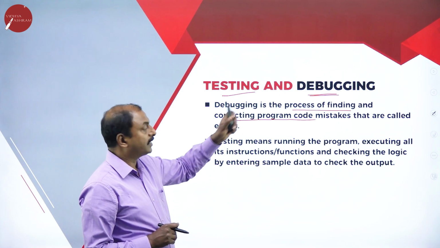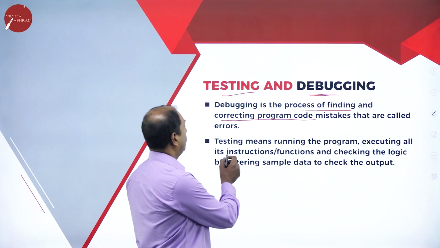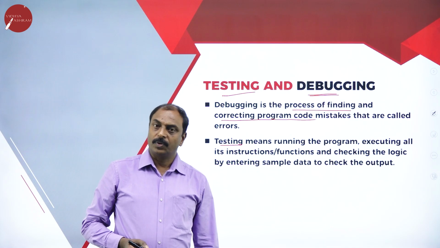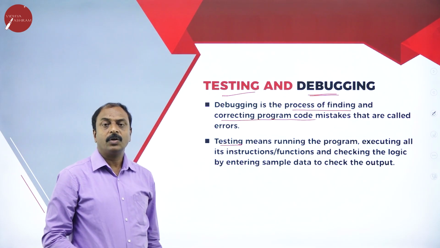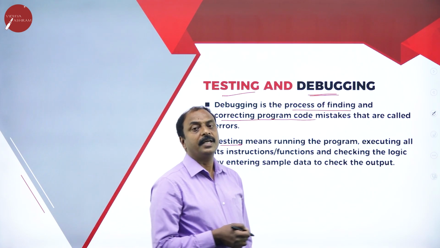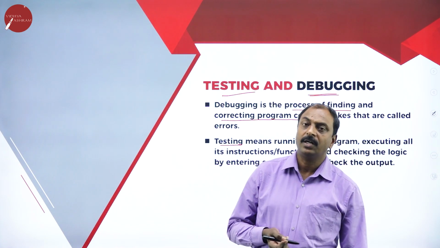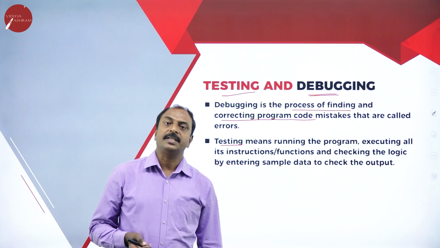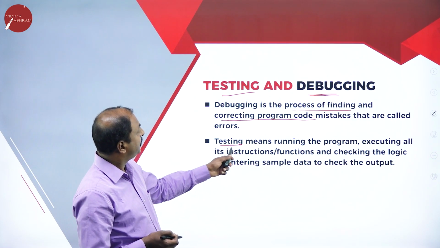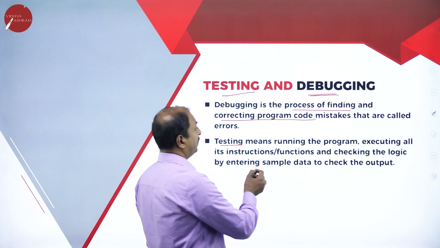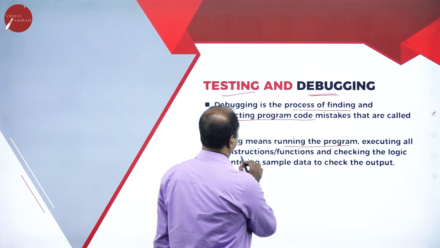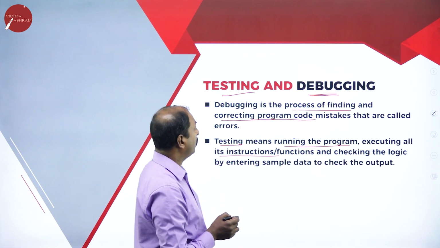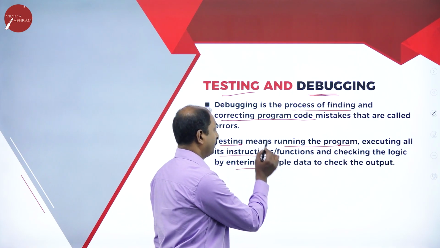Once the debugging is completed, the next step is testing. Once a program is written, we have checked it for debugging. Now, if our program has zero errors, the next step is testing. Testing means running the program, executing its instructions with all possible values.